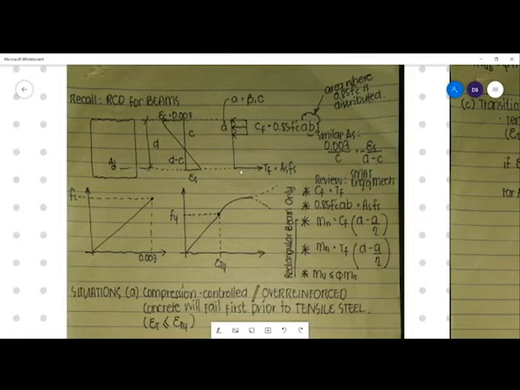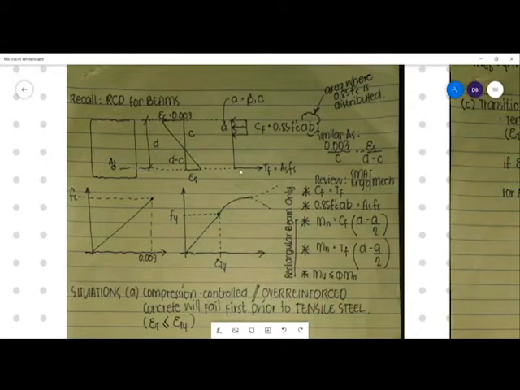Assuming we have a beam, typically any point on that beam is subjected to what we call shear force and bending moment.